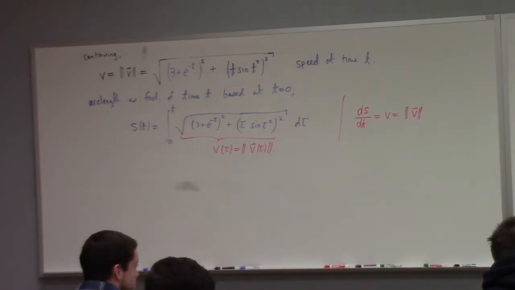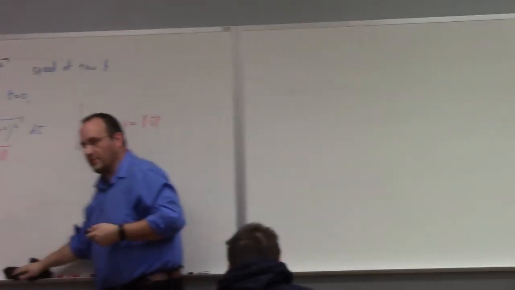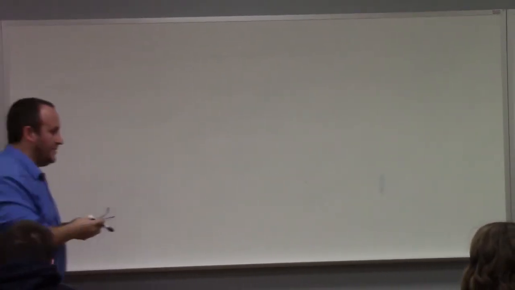So I told you guys last time that we can take a vector and think about it as what? Magnitude and direction, right? We can talk about the standard angle for a vector. Remember that?